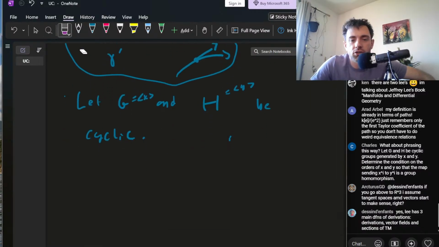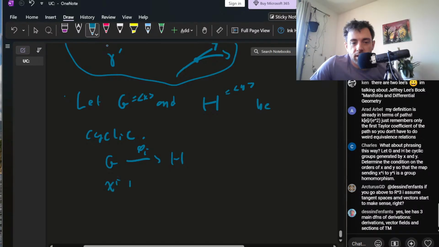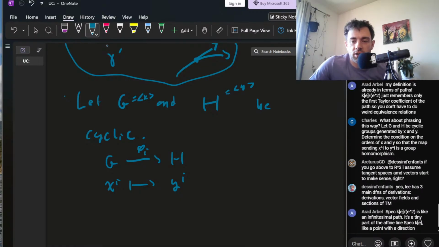These groups aren't isomorphic. I see. And you're trying to see. So you're defining phi i to be the map which sends x_i to y_i. Okay, I think I understand. And now you want to know when this is a homomorphism?